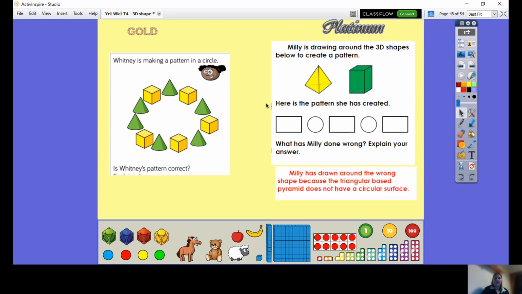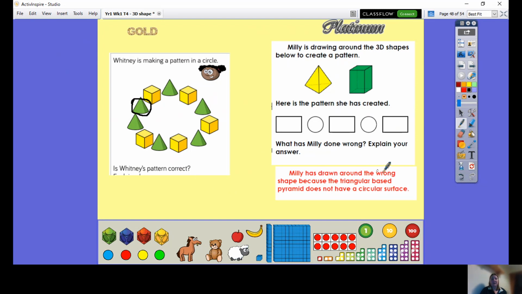So I didn't do the answer here, but I will do it with you now. So here, what's the mistake she's done? If we go around, we've got cone, cube, cone, cube, cone, cube, cone, cube, cone. She's got an extra cone in there that shouldn't be there. She's got an extra cone that needs to come out.